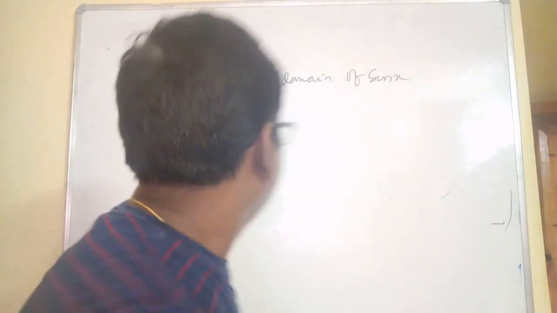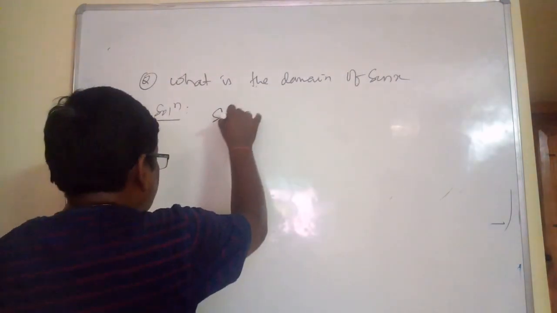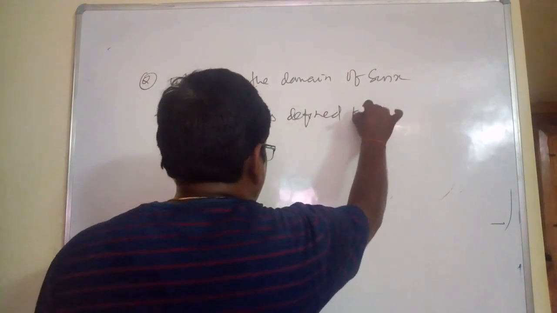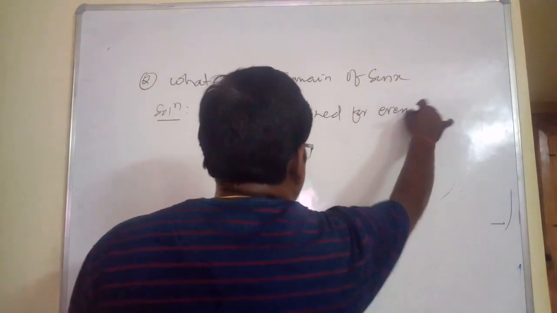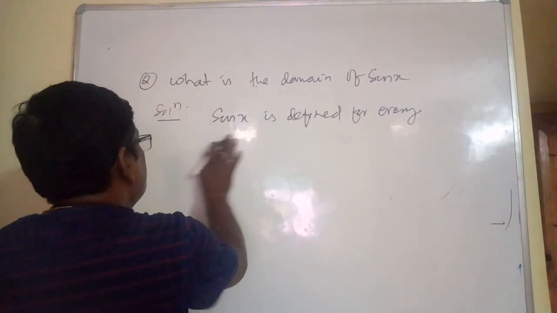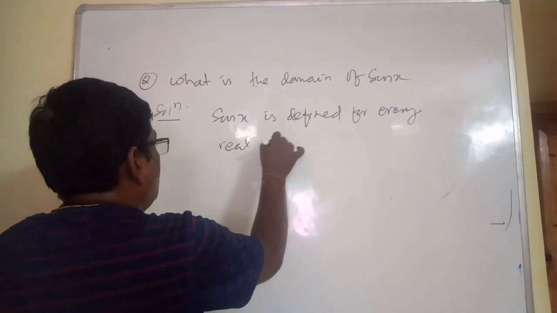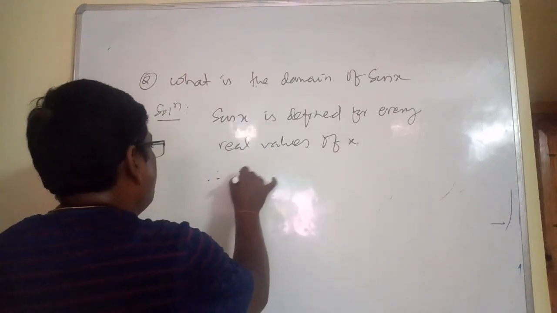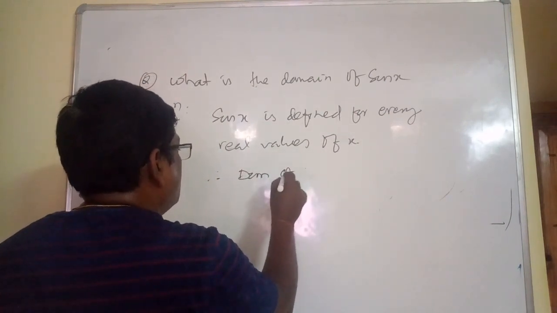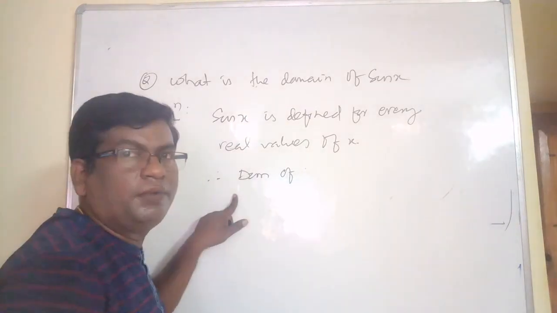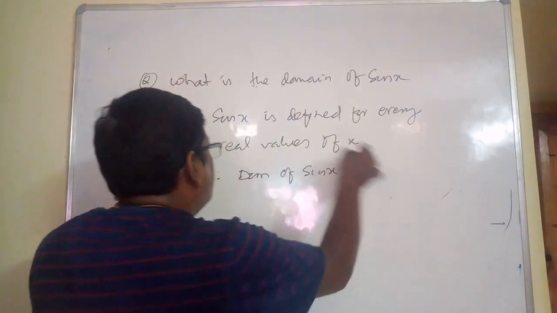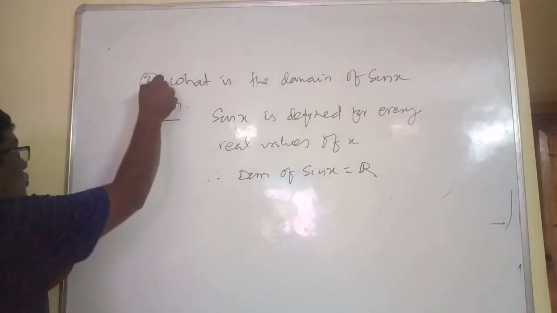So sin x is defined for every real value of x. Therefore, dom of sin x. Dom means domain, short form of domain. Dom of sin x is equal to R.